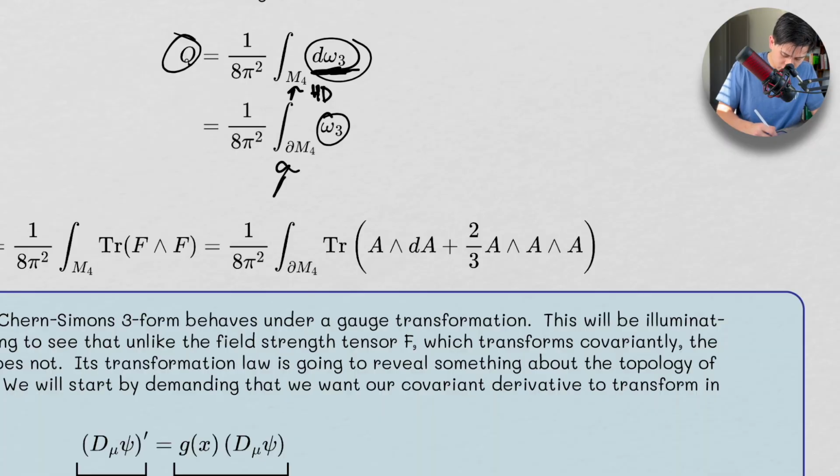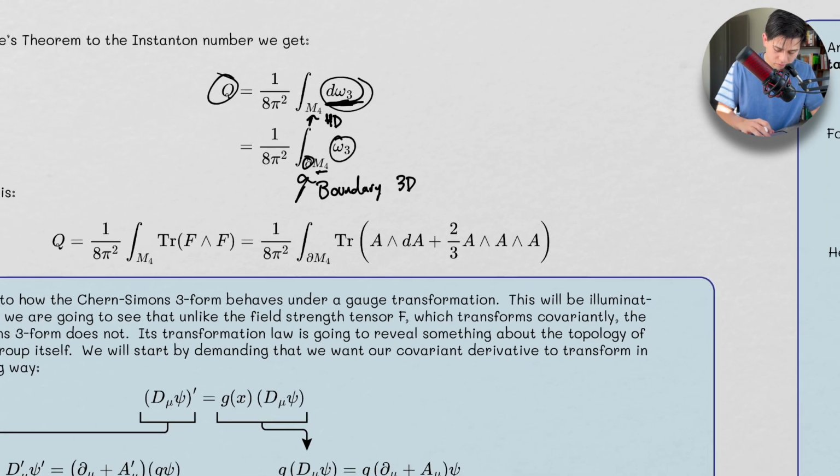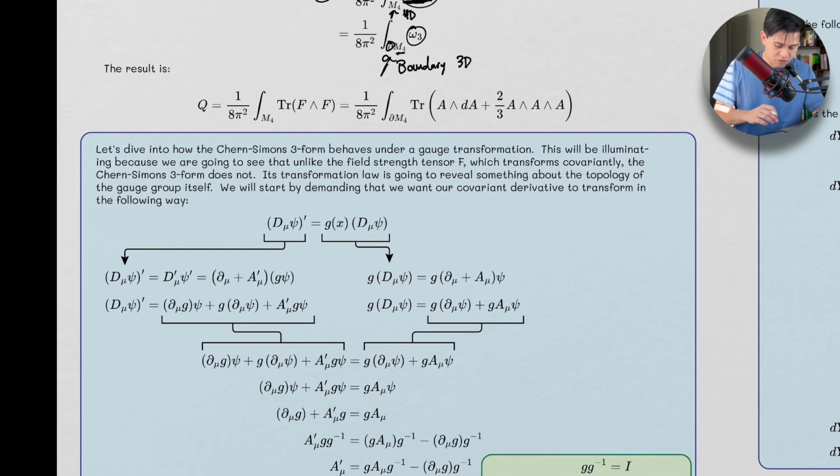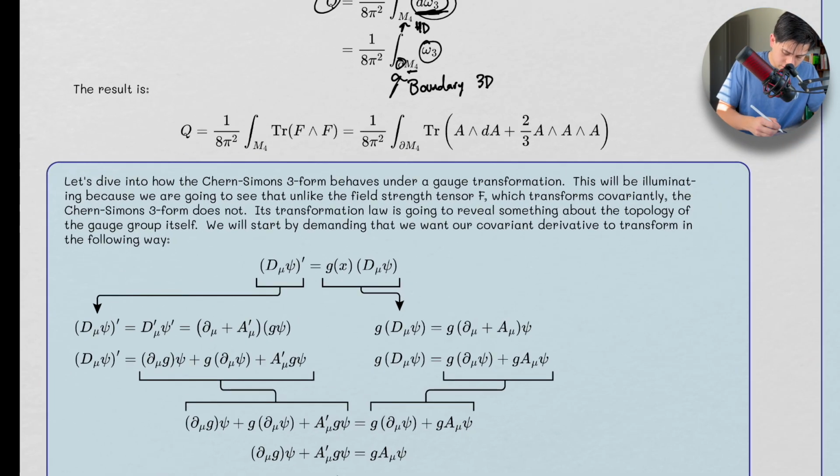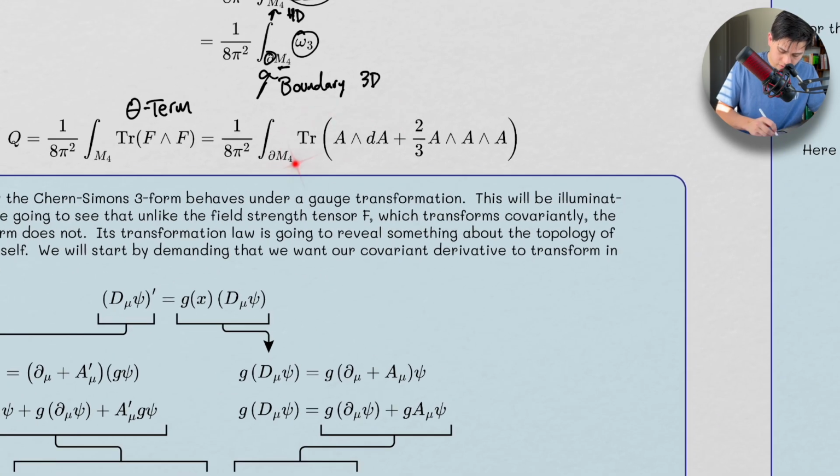So on the boundary, which is 3-dimensional, right? So that's the boundary operator on our 4-dimensional manifold, which is a 3-dimensional thing, right? So the result then is going to be that our theta term, when integrated, is going to be this thing, right? Because we just dropped the d, right? Just drop that d right there, so we don't need that.